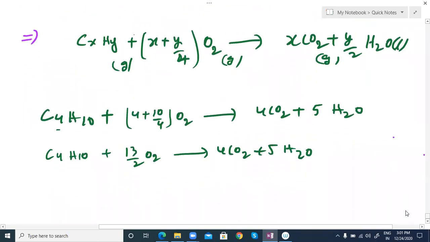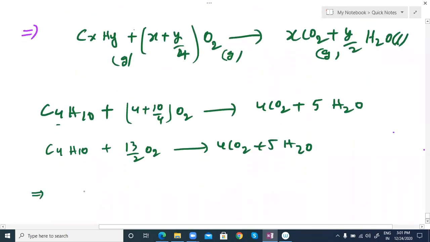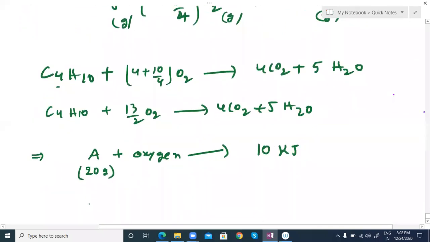What calorific value means, I am explaining, sir. For example, a substance A in the presence of air or oxygen gives, assume, 10 kilojoules, and its molecular weight is 20 grams. Then substance B, assume one is egg, one is pizza or burger, you can assume like that.